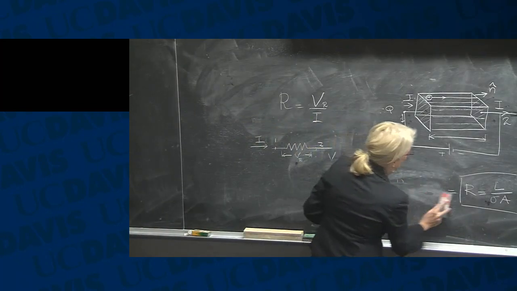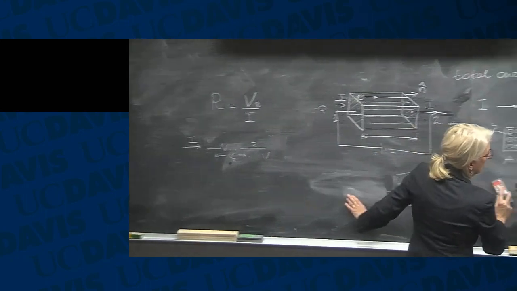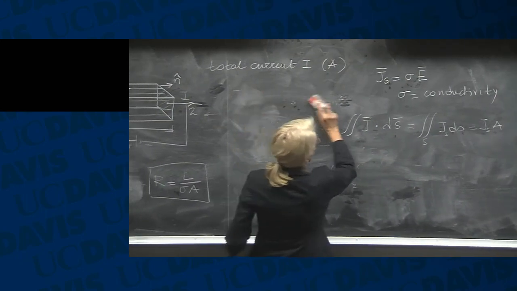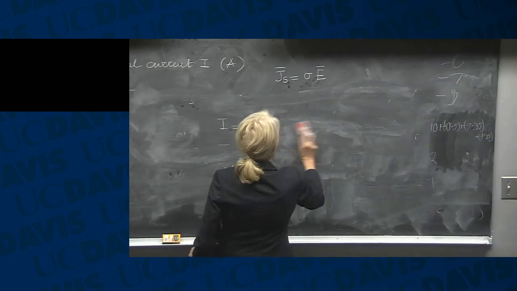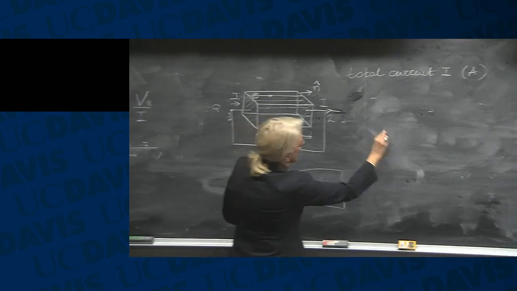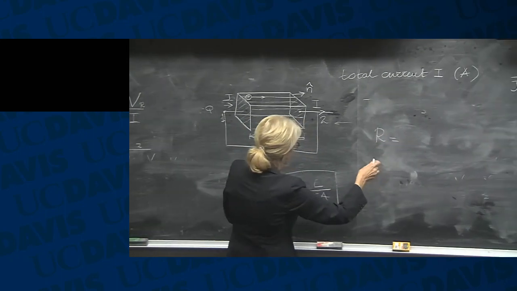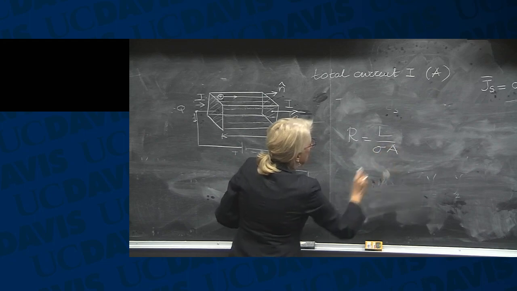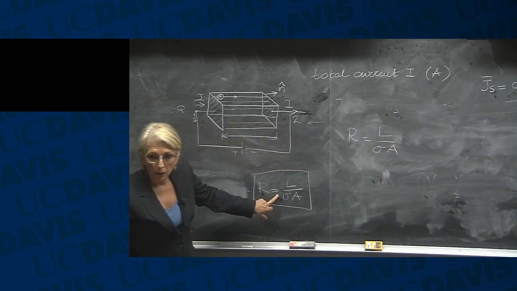For a moment, let me keep this. There's that. And I will keep that. When you look at this, R is L over sigma A. What does that really tell you?